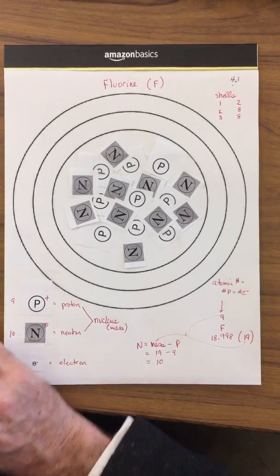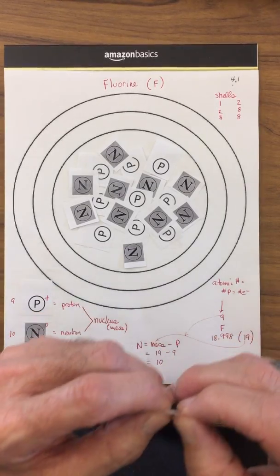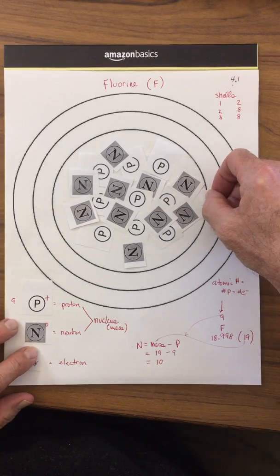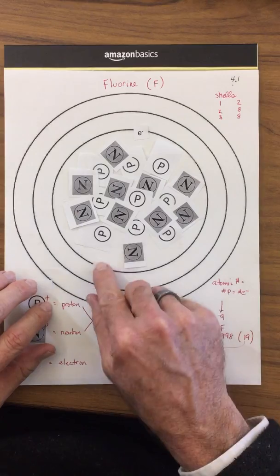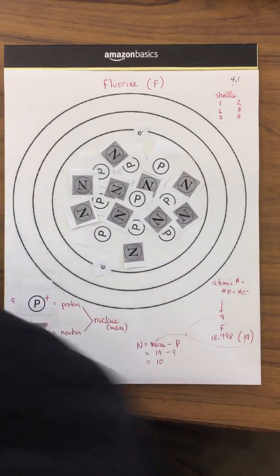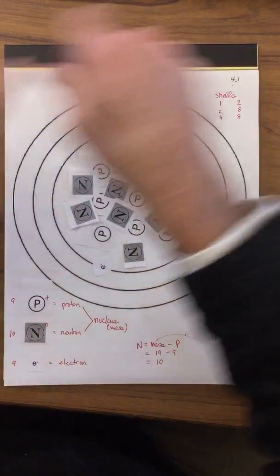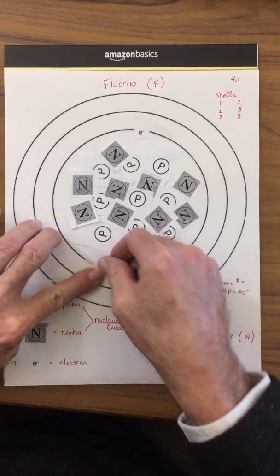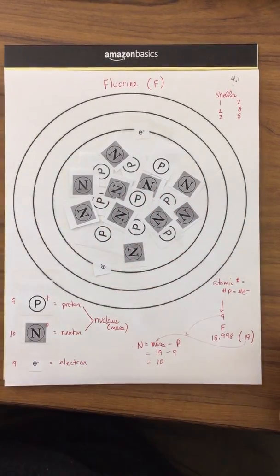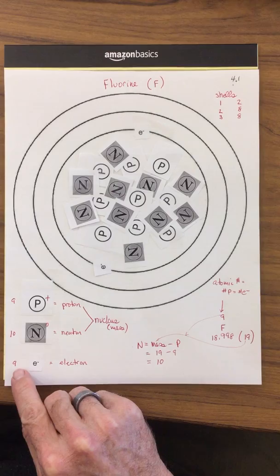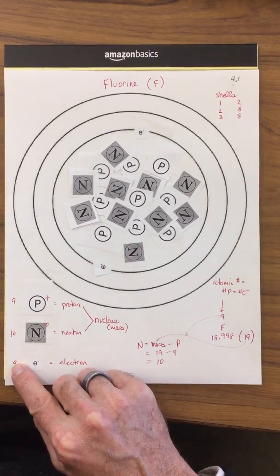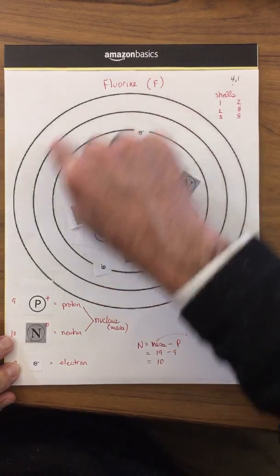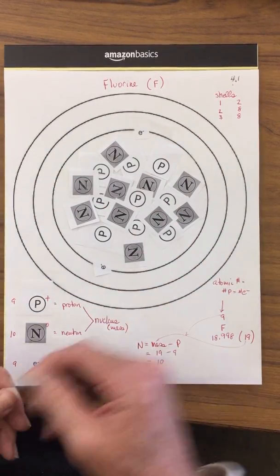So if you can take your electrons, we're going to put 2 electrons, it does not matter where, in this first inner shell, and it's going to look something like that. Well, how many more electrons do I have? I have 2 in the first. I have 9 total.